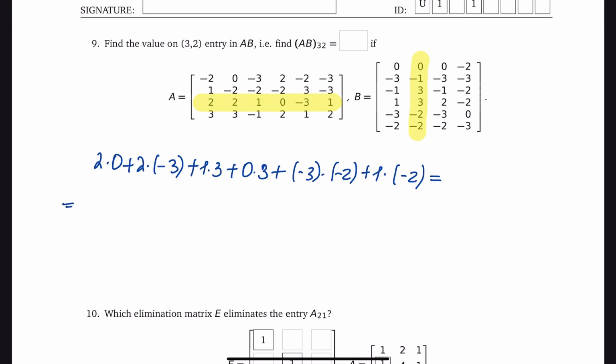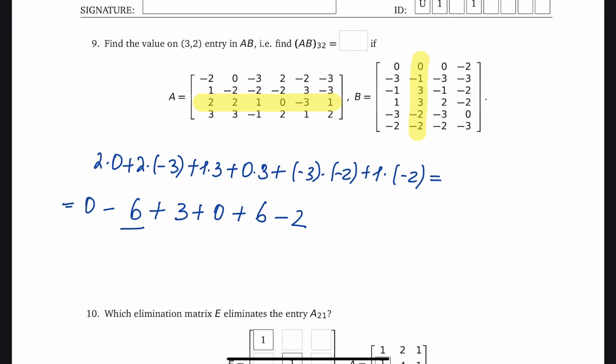So let's open the brackets. It's going to be 0 minus 6 plus 3 plus 0 plus 6 minus 2. Right? So I hope that I'm doing everything correctly.